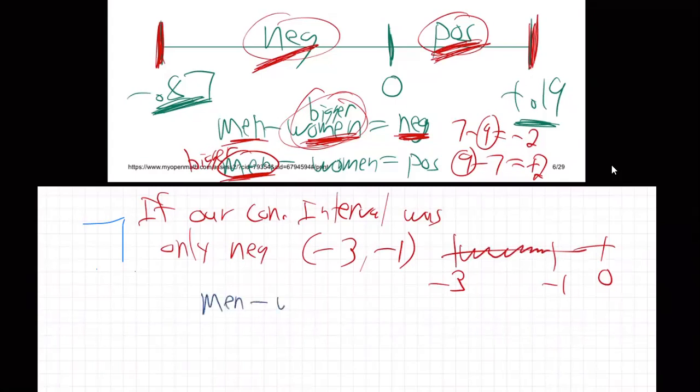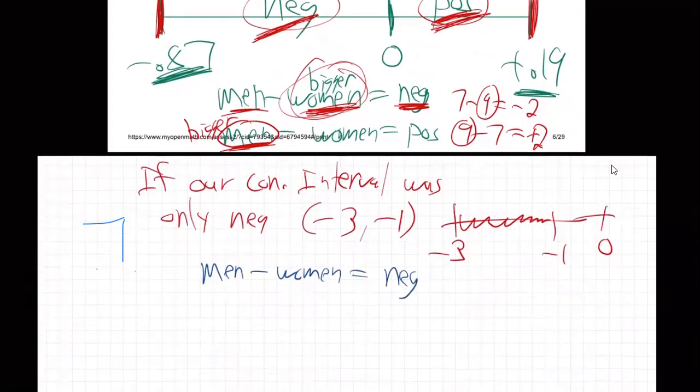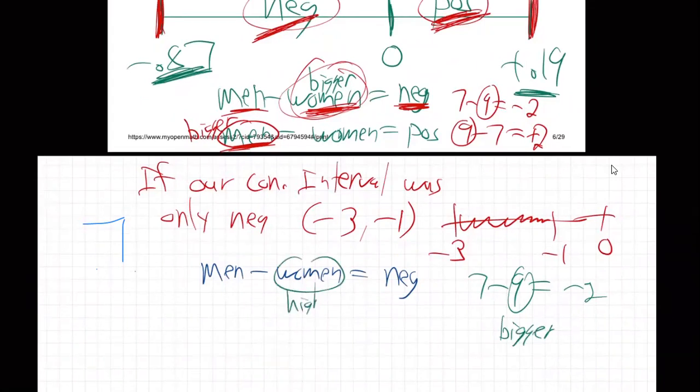If you take men minus women and you get a negative answer, how do you subtract two numbers and get negative? That'd be like 7 minus 9, right? So that means the second number is bigger. That's the only way to subtract two numbers and get negative. That would mean the women's GPA is higher. So if we had a confidence interval that was only negative, that would mean for sure the women, the second number, would be higher, wouldn't it?